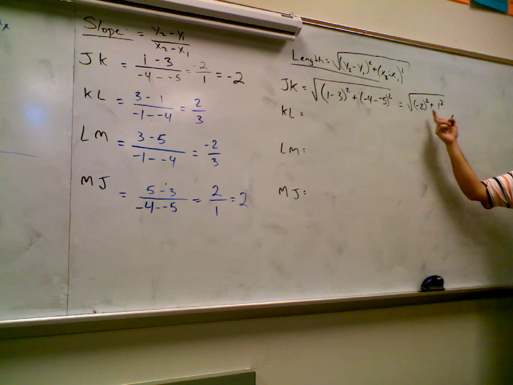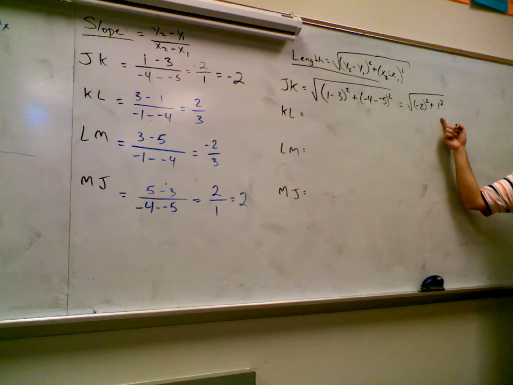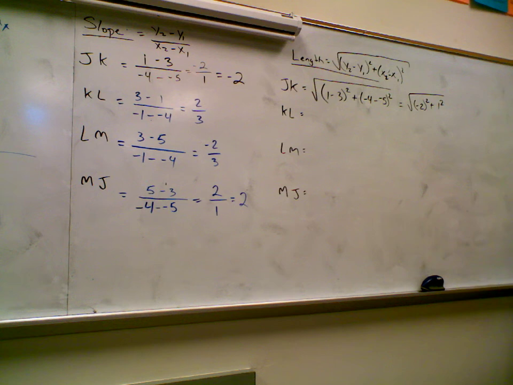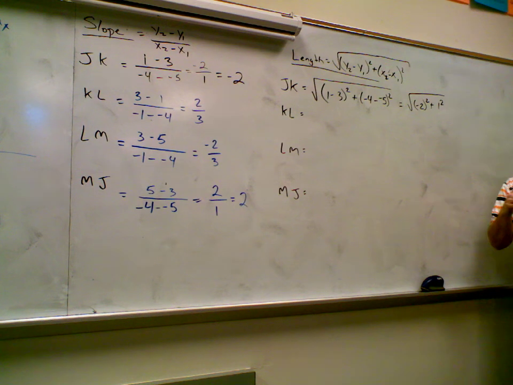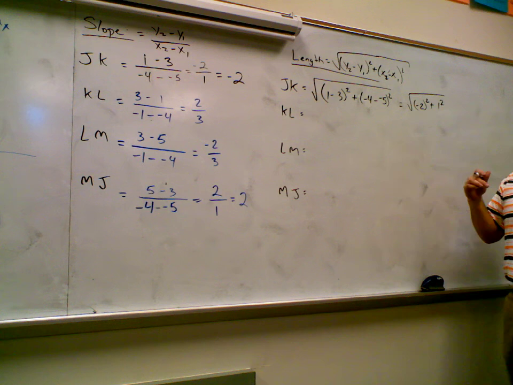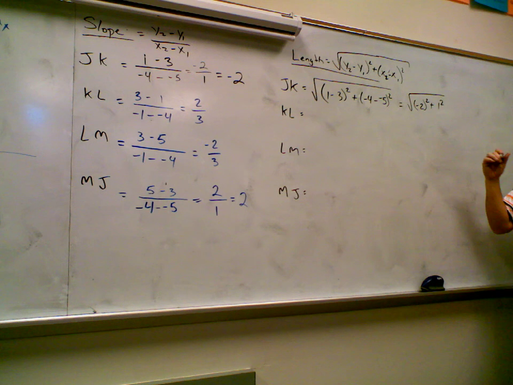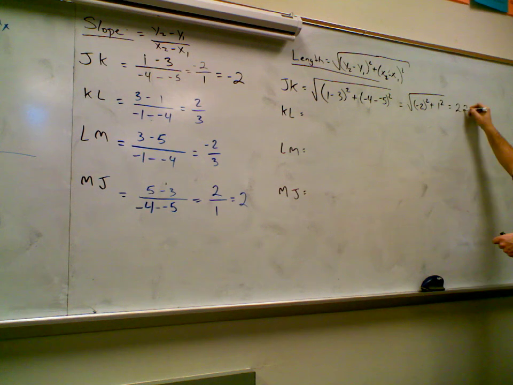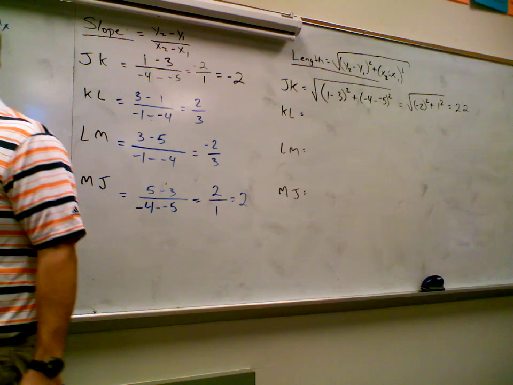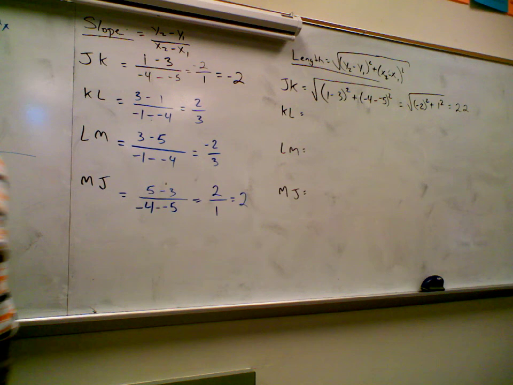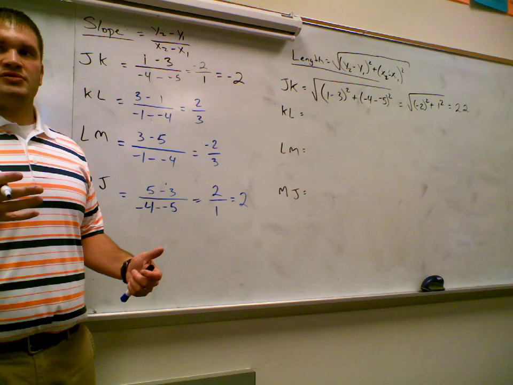If I square a negative, I get a positive, so I have 4 plus 1. What's the square root of 5? Get your calculators. Not 2.5, that's half of 5. It's 2.2. So that means JK is 2.2 units long. So this side right here is 2.2. Does that make sense?